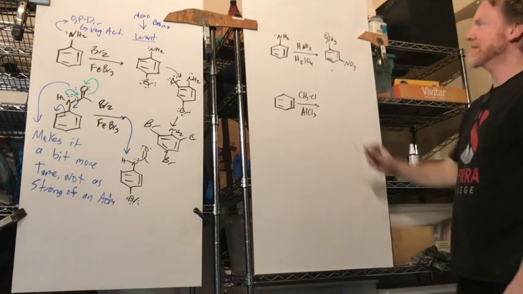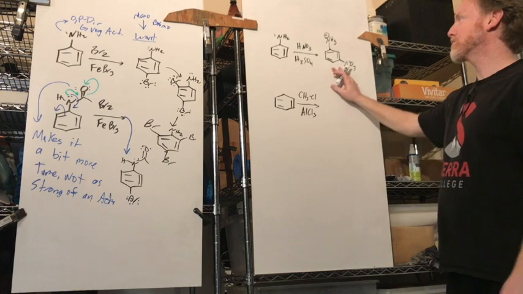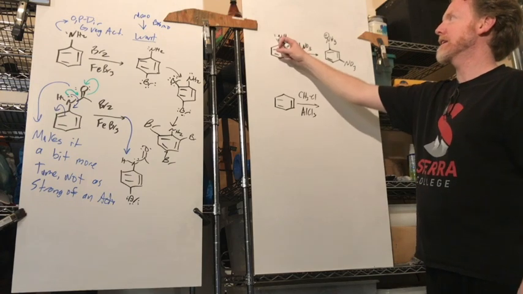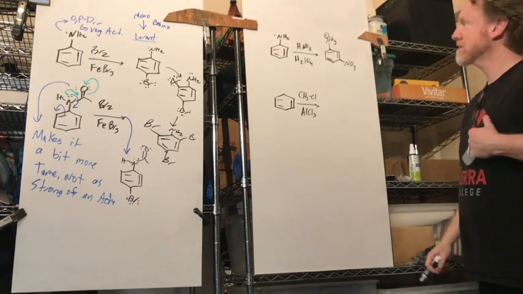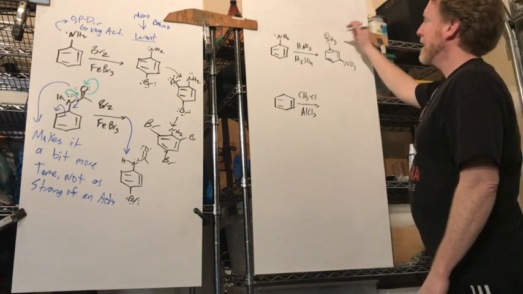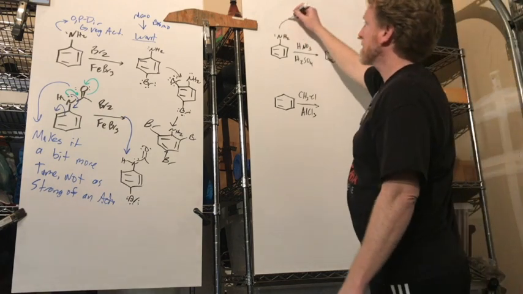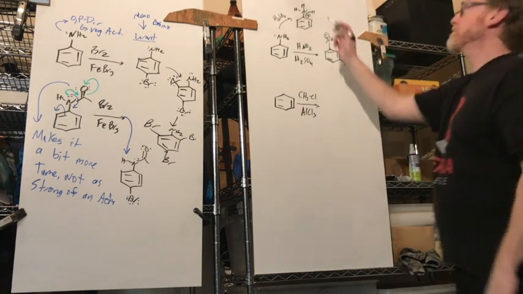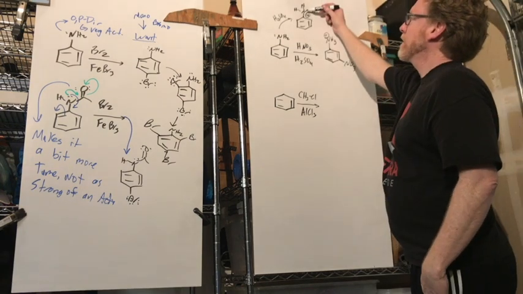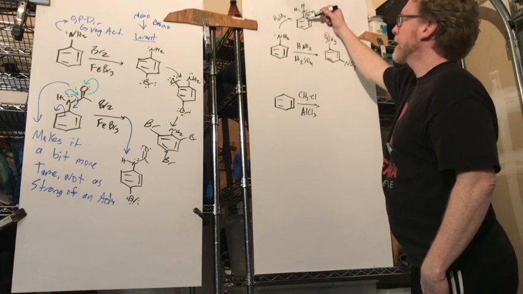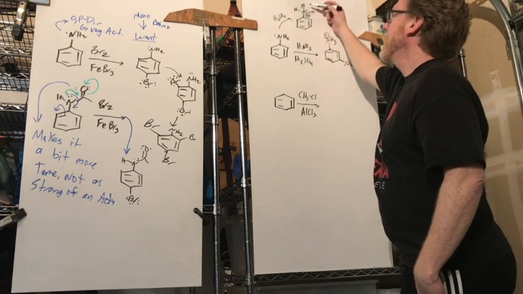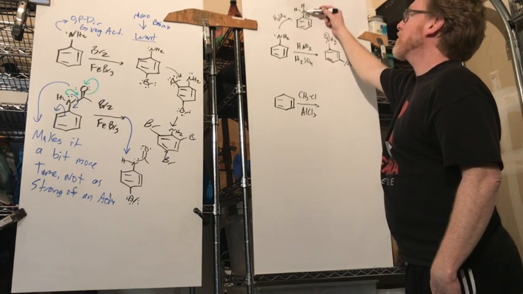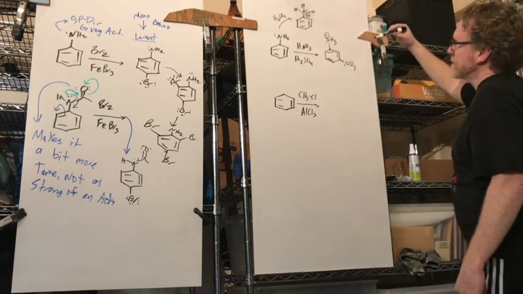Because what happens is under these very extremely acidic conditions, the nitrogen gets protonated first. And once it's protonated, it no longer has a lone pair to resonate in. It can only withdraw through induction. And that induction is very strong because nitrogen is an electronegative atom.